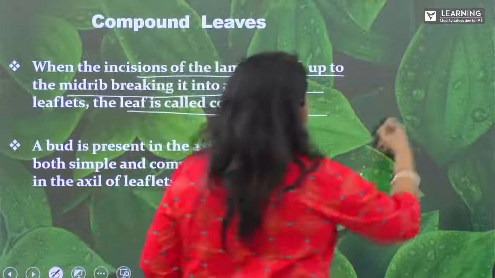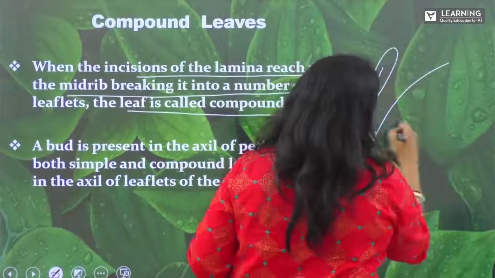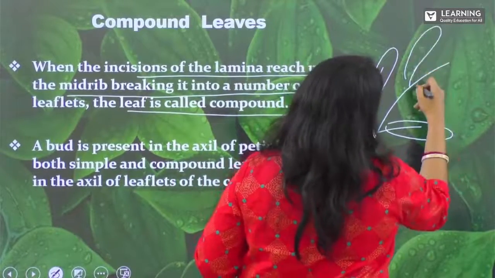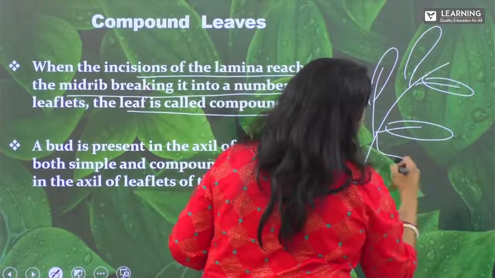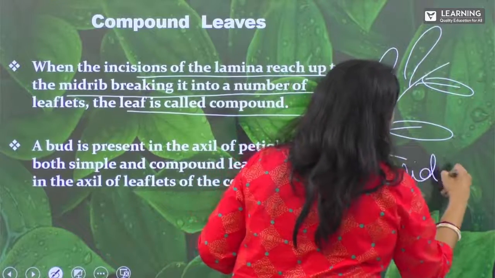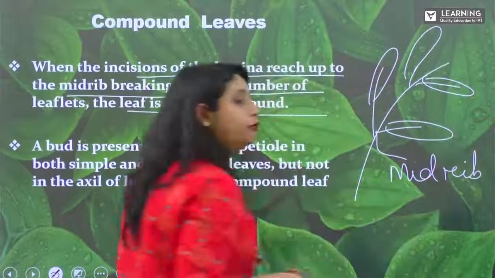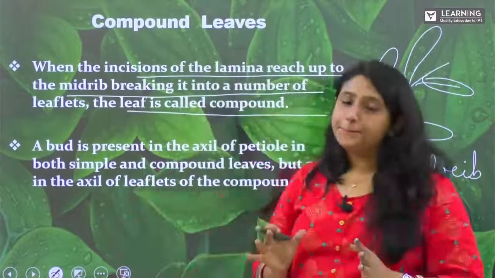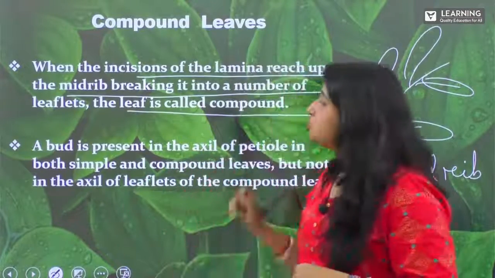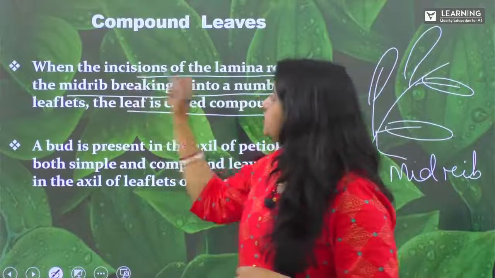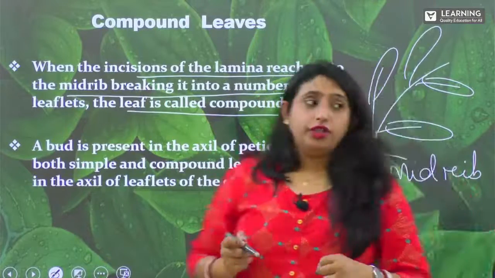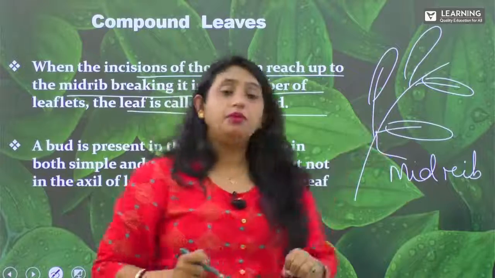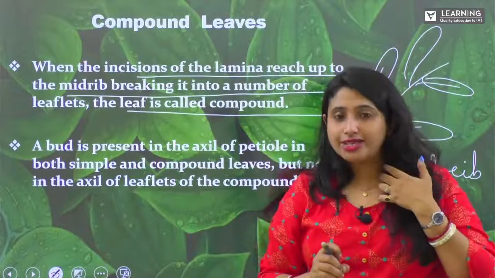Now as you can see here, it is touching the midrib, right? So this type of leaves are known as your compound leaves. Clear? So when the incisions of the lamina touch the midrib, those types of leaves are known as your compound leaves.